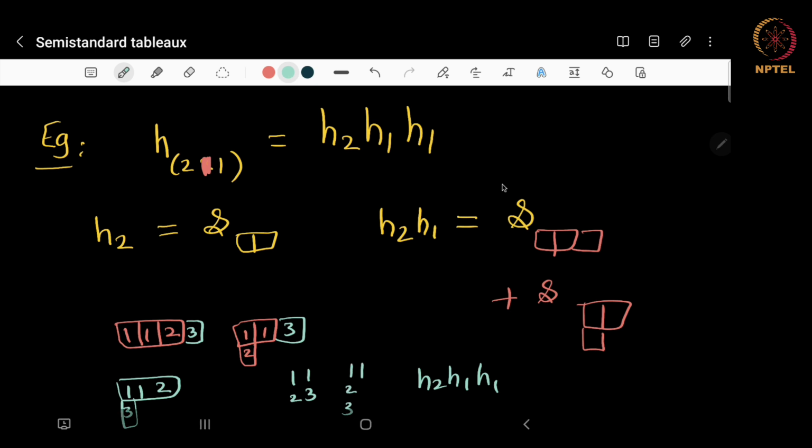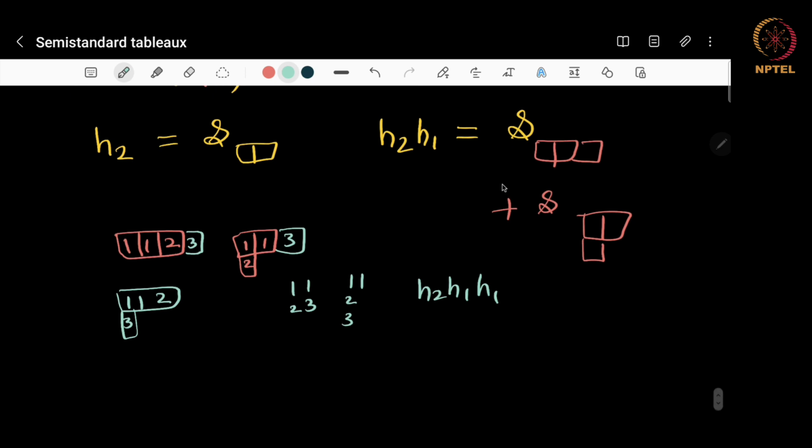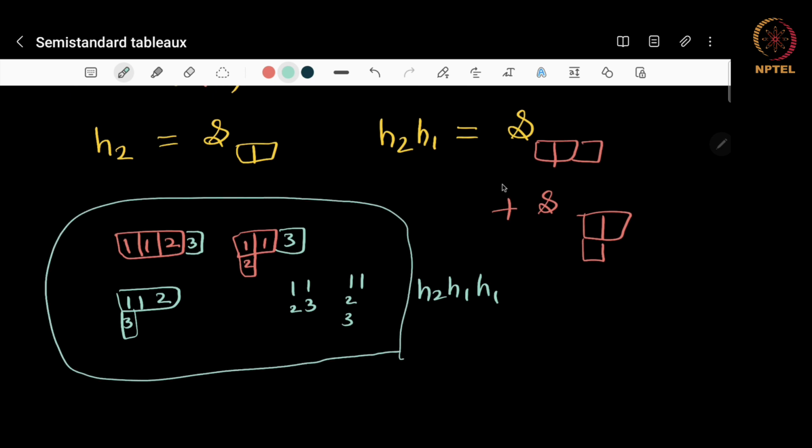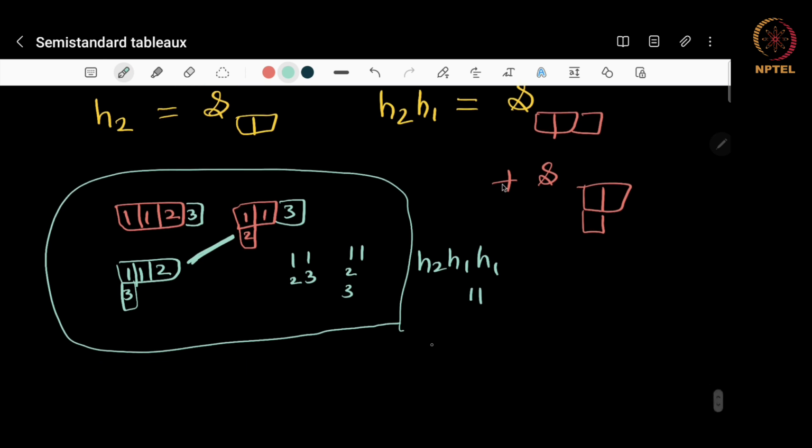Okay, so these are all the final answers that I get. These are all the different tableaux. And observe that this particular shape, there are two of them of this shape. So if you're going to write the final answer in terms of Schur functions, here's what it looks like. h2 h1 h1 is the Schur function corresponding to, let's look at this guy.